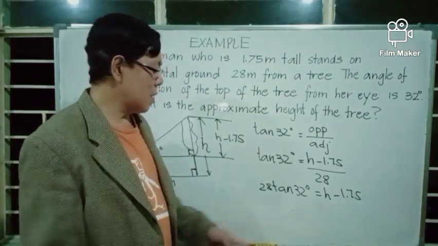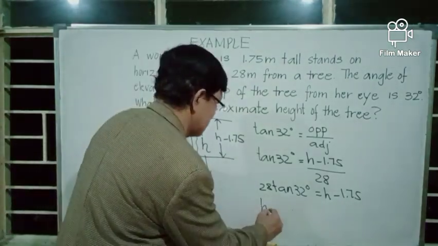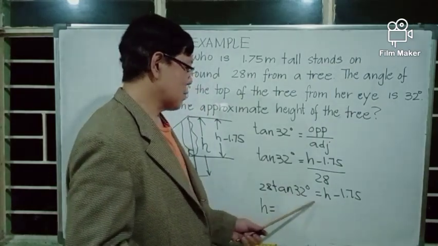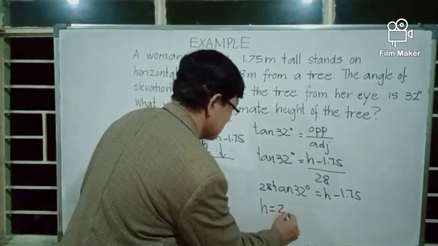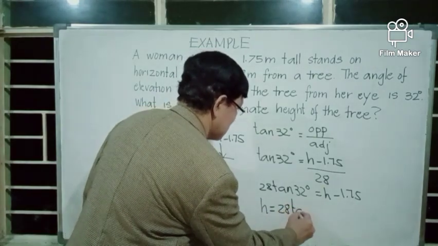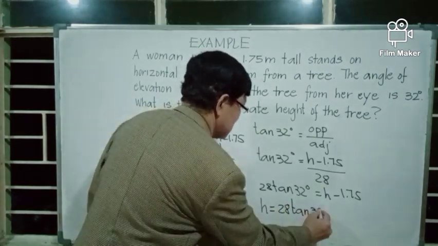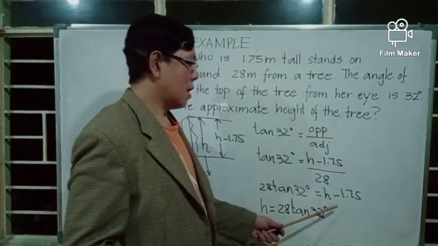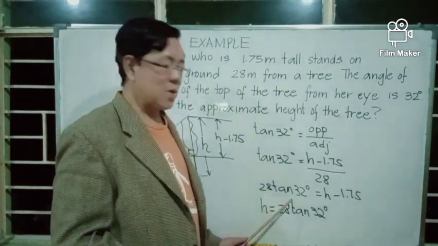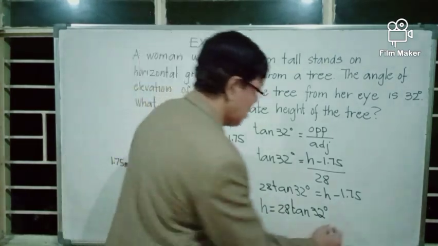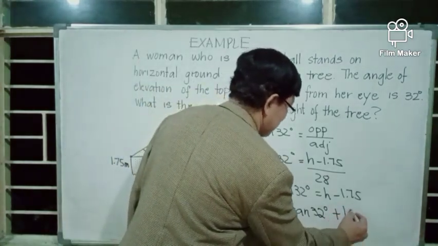Therefore, h equals 28 times tangent of 32 degrees, plus 1.75.